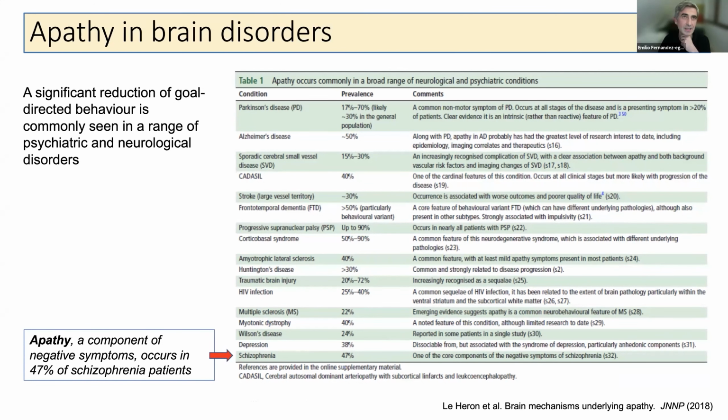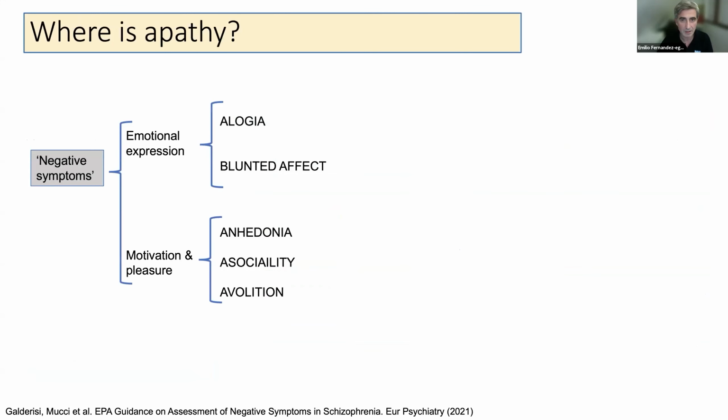So therefore, can we use a bit more terminology that we can use among all of us? When I was checking this slide or this table a while ago, I was surprised that they say that 47% of the people with schizophrenia suffer with apathy, which is a core negative symptom. I cannot see apathy.